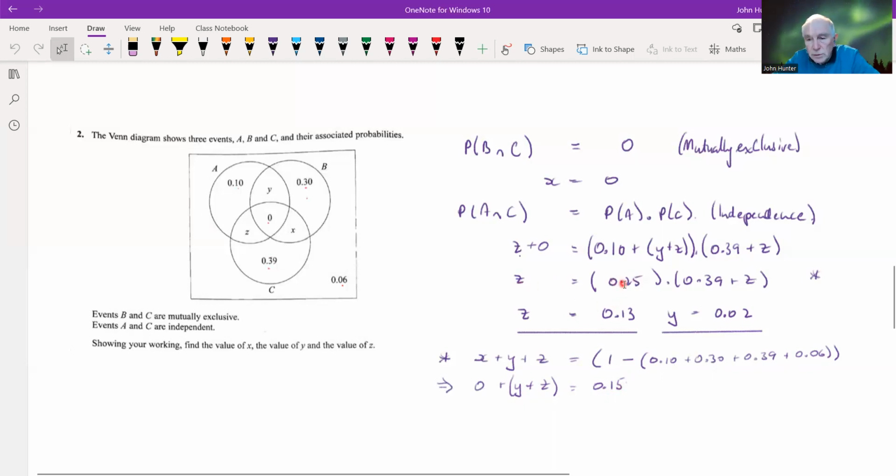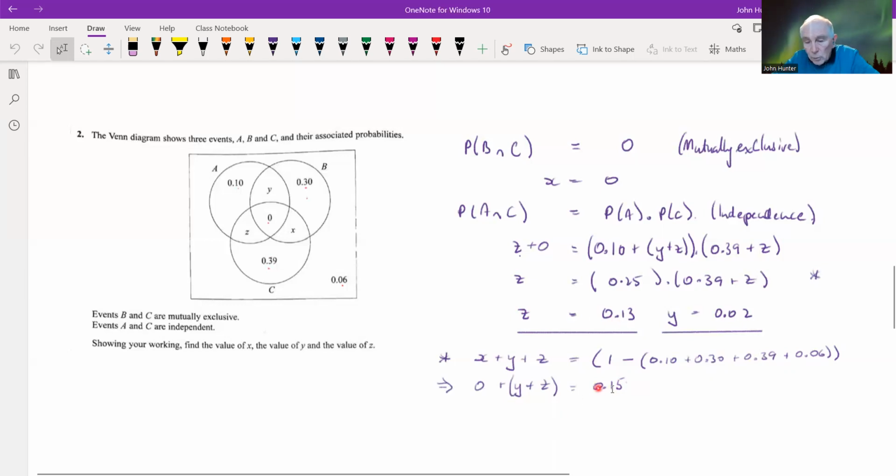So Z equals 0.25 and 0.39 plus Z is the probability of C. If we work that out, multiply through, group our Z's together and divide through, then we get Z equals 0.13.